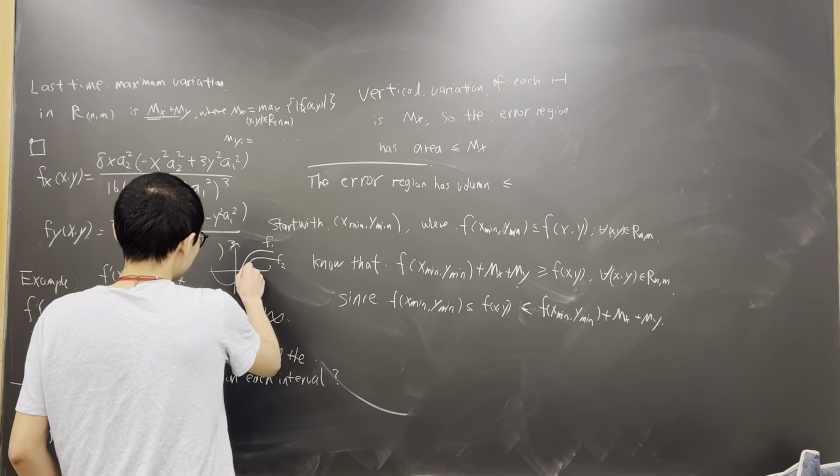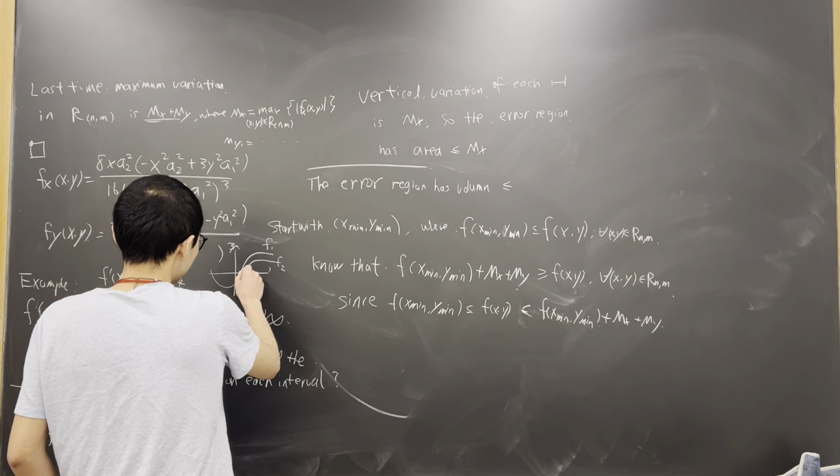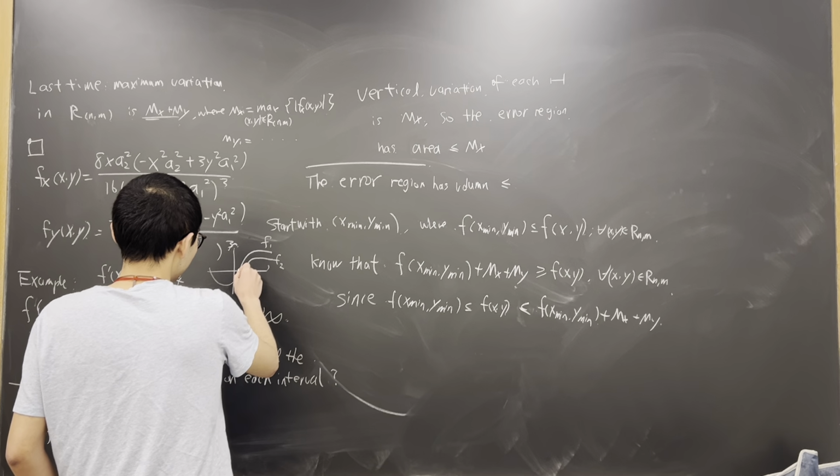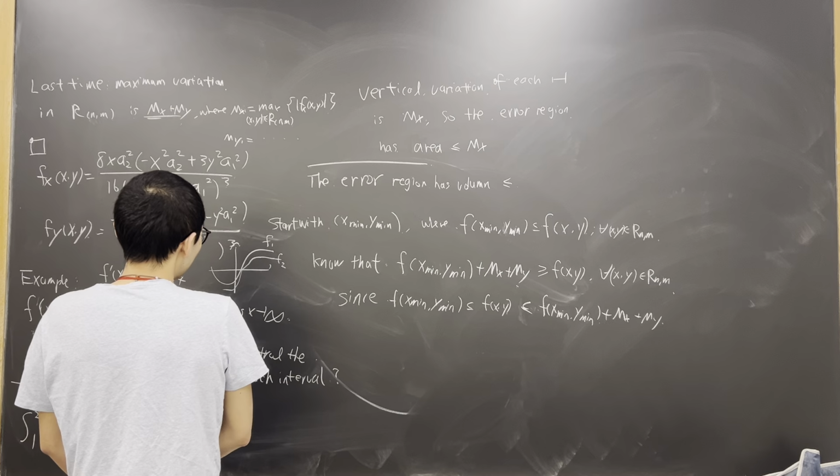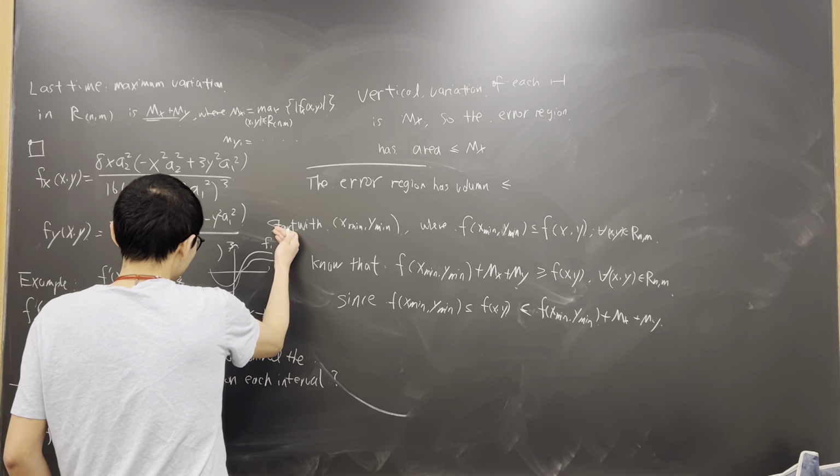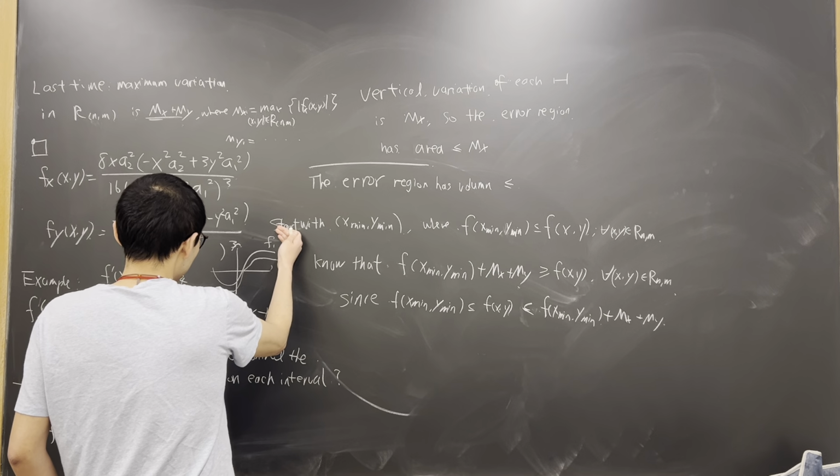So f2 is the function that is strictly smaller, right? Oh, okay, never mind.